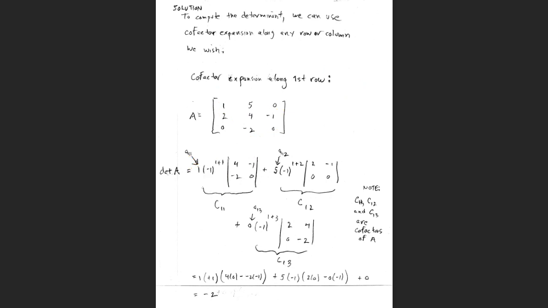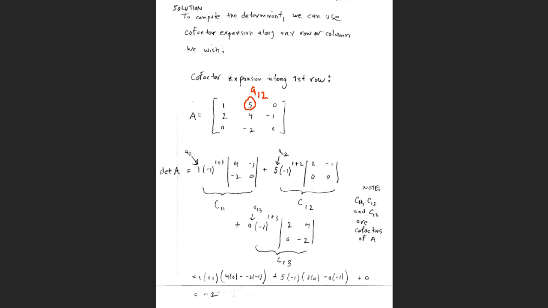Okay. Let's look now at the 5. The 5 is in the first row, second column. Jonathan's saying, why don't we expand along the bottom row, because there are zeros in the bottom row, and it'll make our life easier.